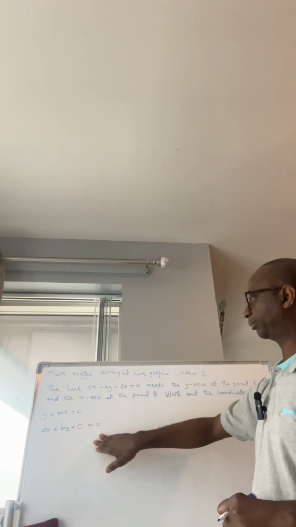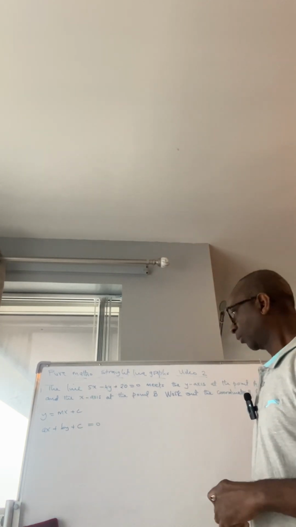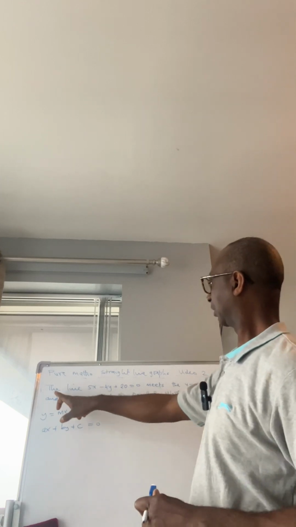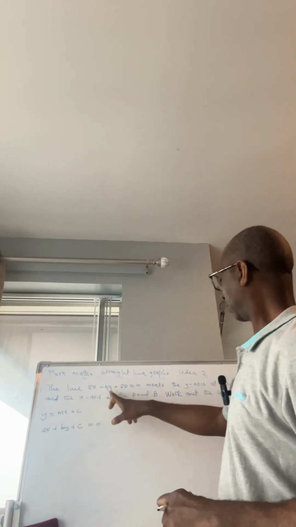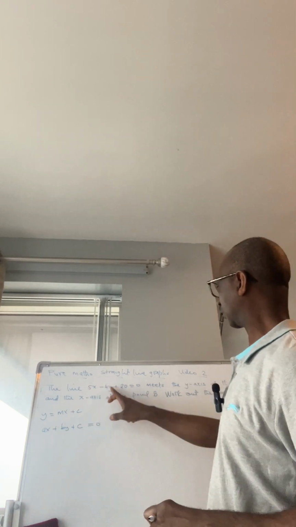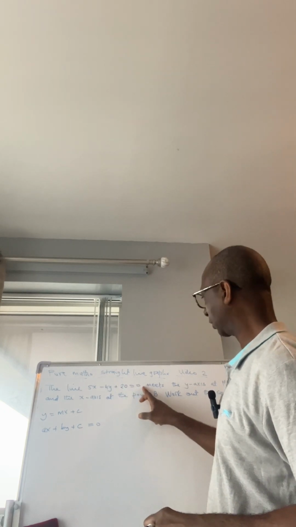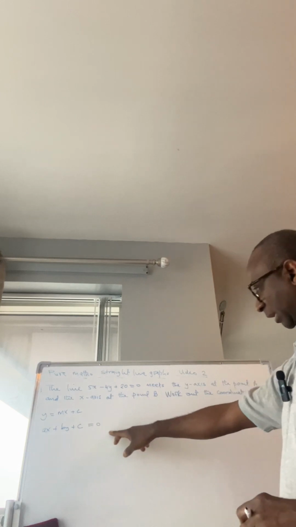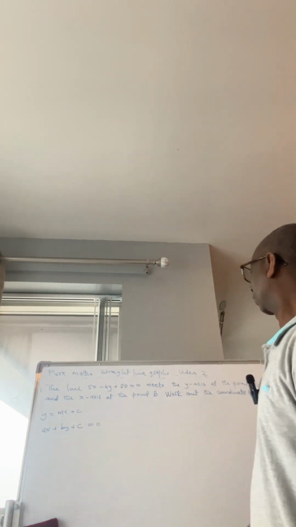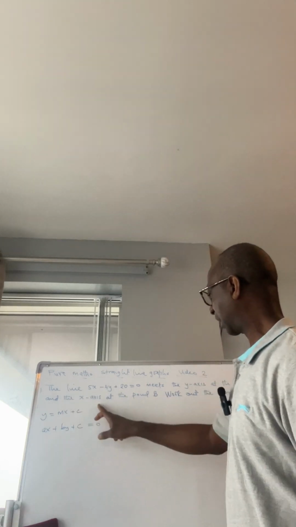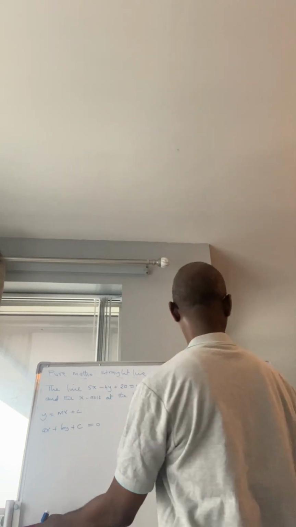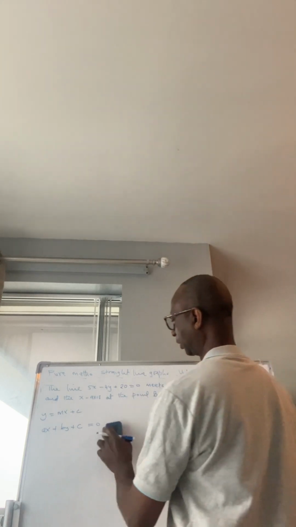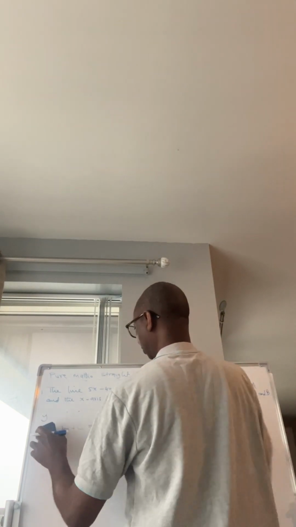So now we are given the problem here, 5x minus 4y plus 20 equals 0, which means they have used this equation to express a line in this form. It meets the y-axis at the point A and the x-axis at the point B. Work out the coordinates of A and B. So let's move to the problem straight away.